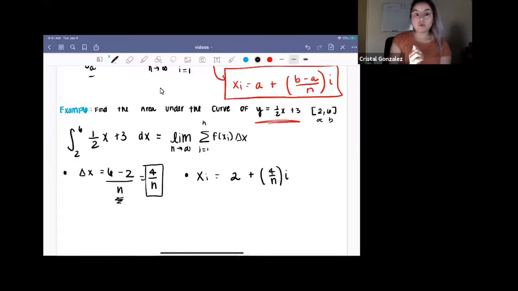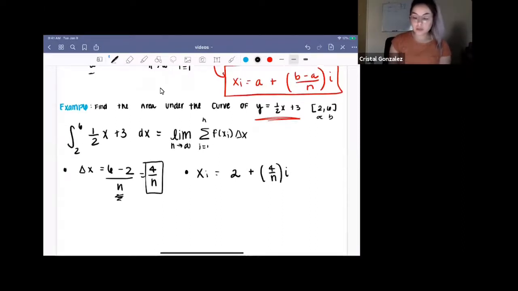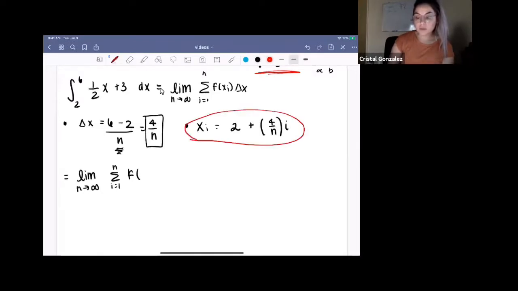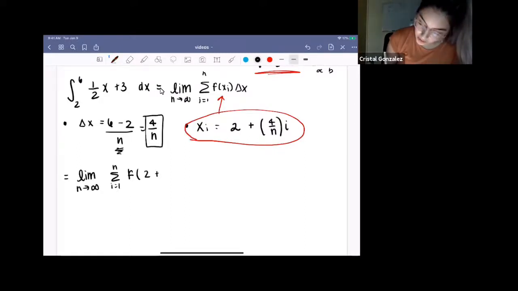And so now we're going to rewrite the sum as the limit as n approaches infinity of the sum from i equals 1 to n of f of xi, and since xi is equal to all of this, we're going to plug it into that value there. We're going to get 2 plus 4 over n times i. I just took the parentheses off. Times delta x, which is equal to 4 over n.